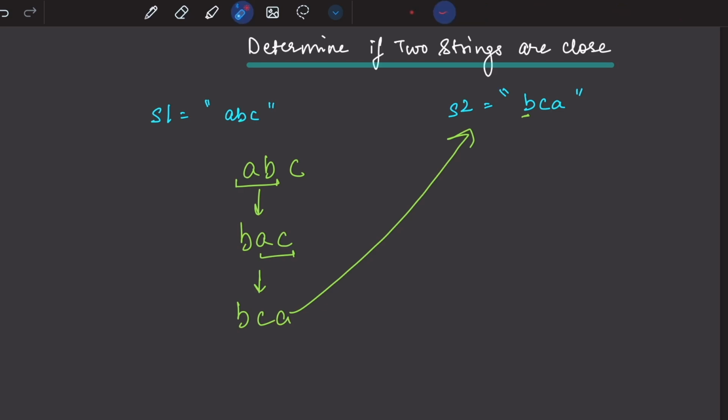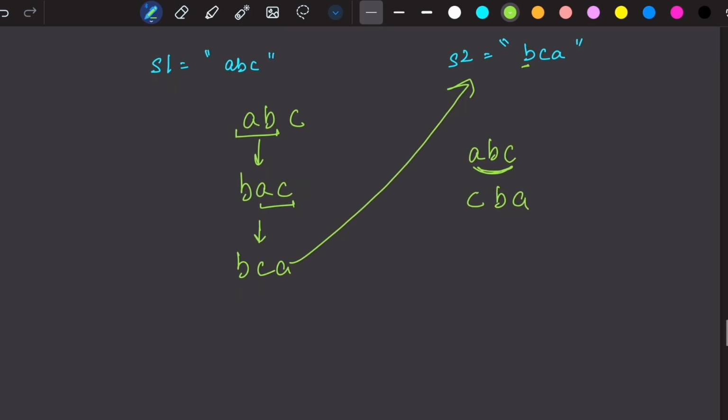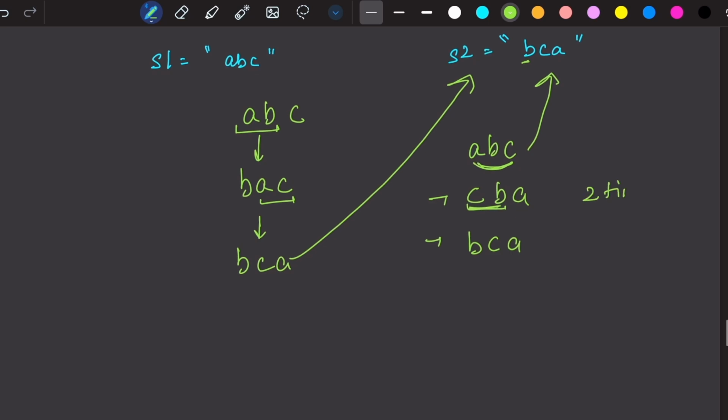Another way: A B C, if we swap this, that will be C B A, and now if we swap this, it will be B C A. Both can be done to get this. So we have done swapping two times, that is our first operation.